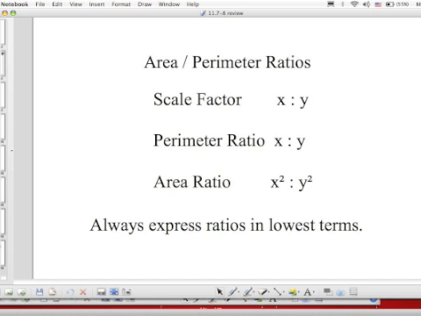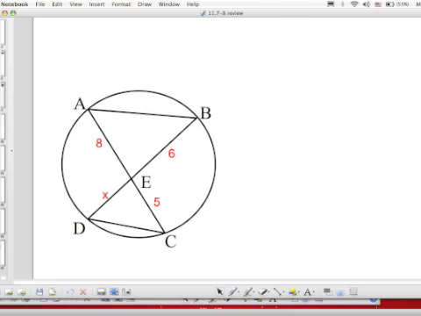If you're talking about a right triangle, you could compare hypotenuse to hypotenuse, etc. The perimeter ratio, since we're simply adding linear measurements, is also the same as the scale factor. And the area ratio, since it's two-dimensional, you simply square both parts of the scale factor. And remember that we always express ratios in lowest terms.